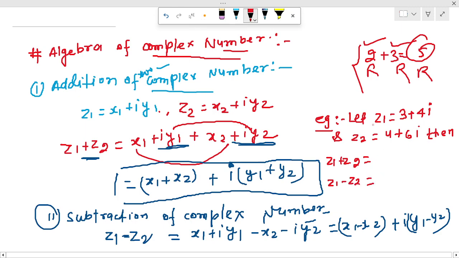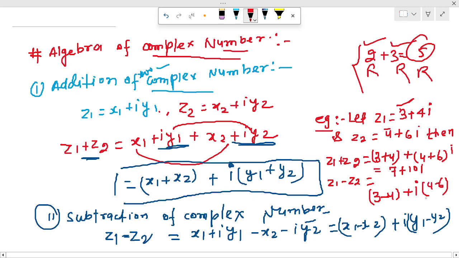For the sum, real plus real and imaginary plus imaginary: 3 plus 4 is the real part and 4 plus 6 iota is the imaginary part, that means 7 plus 10 iota. For the difference, 3 minus 4 plus iota times 4 minus 6, that means minus 1 minus 2 iota. This is the basic definition of addition and subtraction of complex numbers, and a very easy example.